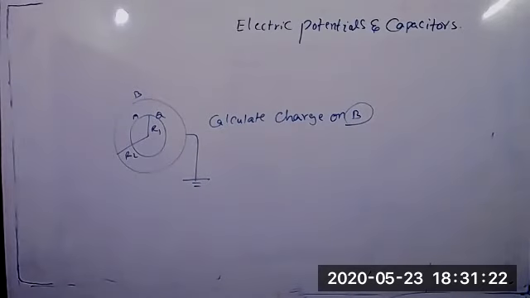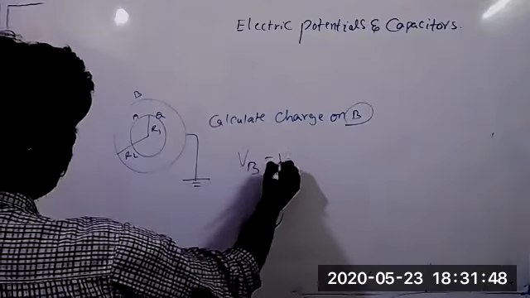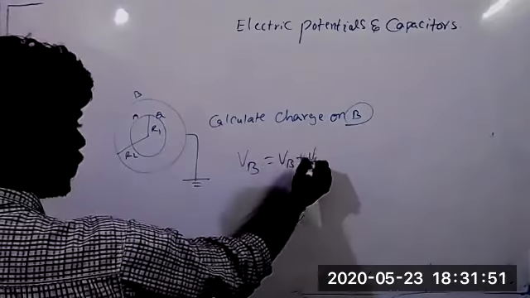What do we have to do to calculate the charge on B? We are going to calculate the potential on B. VB equal to VB due to B plus VB due to A. That's all.